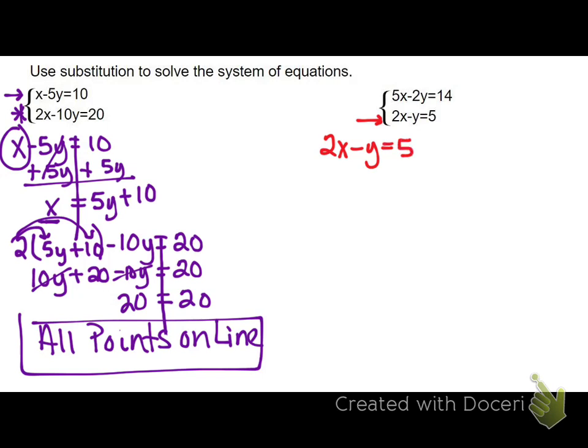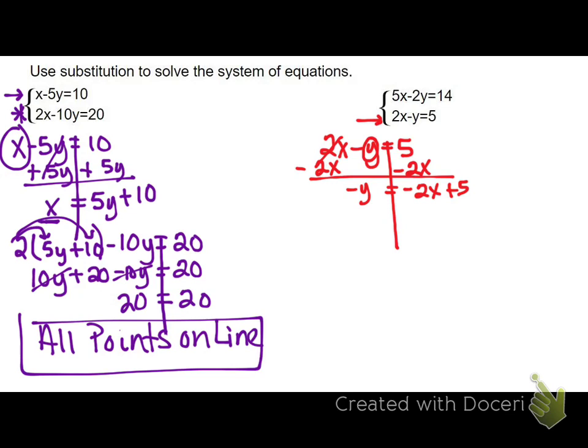Now, which variable am I solving for? Which variable do I want to get by itself? Y. Okay? So what do I get rid of? So I subtract it. Any questions about how I got my answer where I'm at right now?